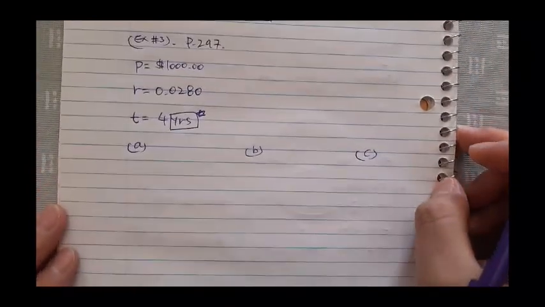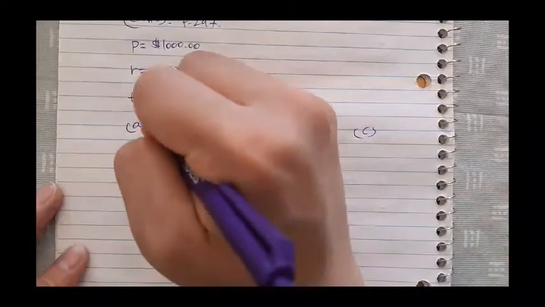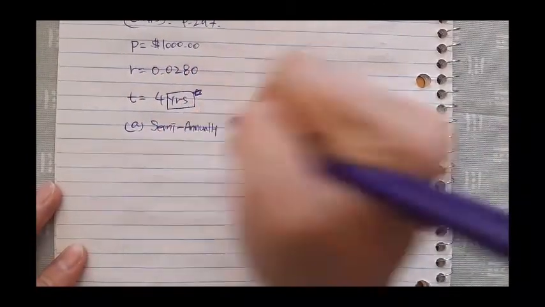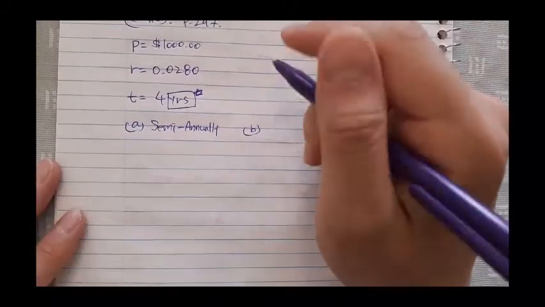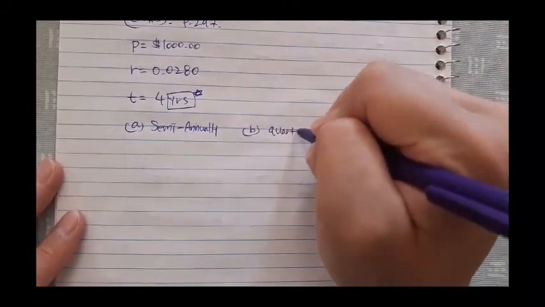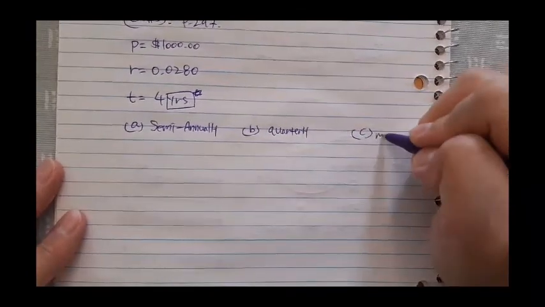So, here's the thing. One is semi-annually, and quarterly, and monthly.